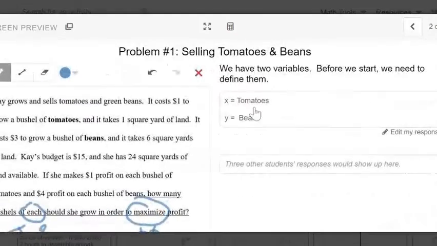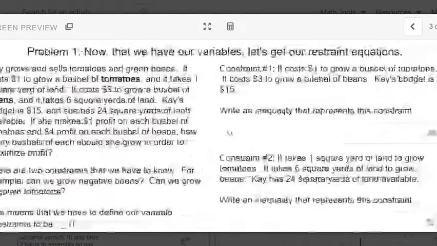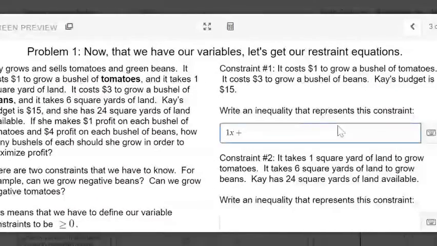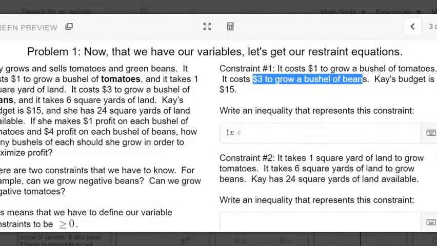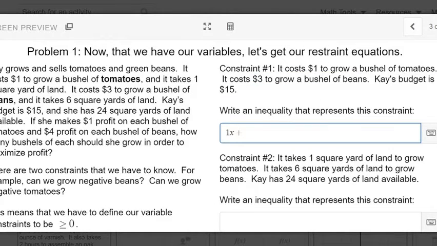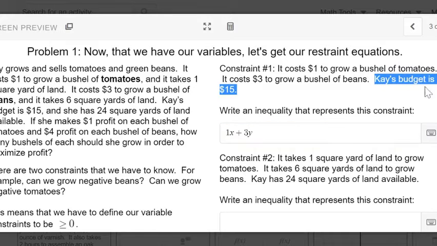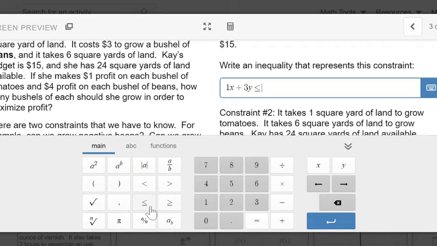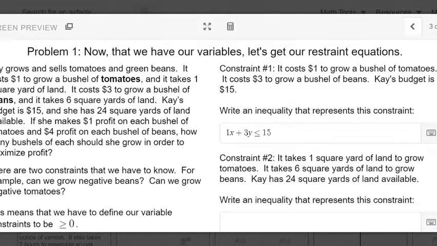And remember, tomatoes was X. Plus, it costs $3 to grow a bushel of beans. So 3y. Okay. And I don't want to spend more than $15. When you have a budget, you want to keep it to less than or equal to $15. Okay. That's our cost constraint.